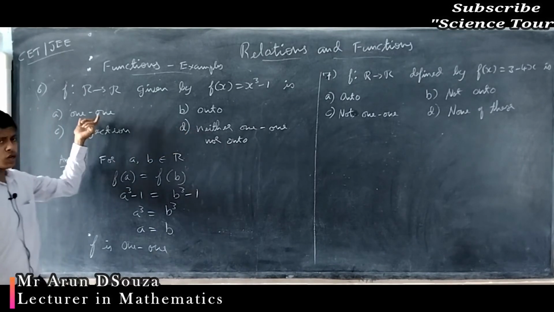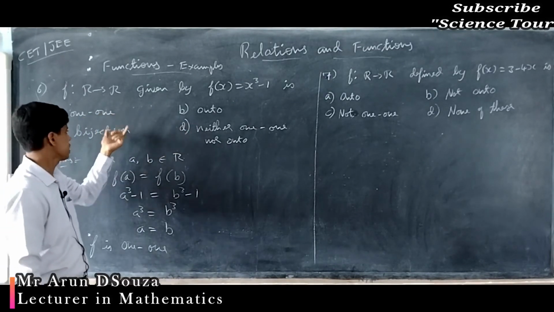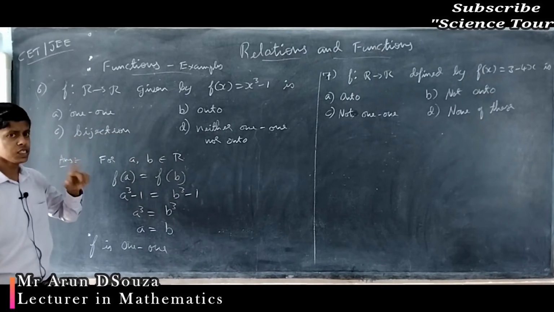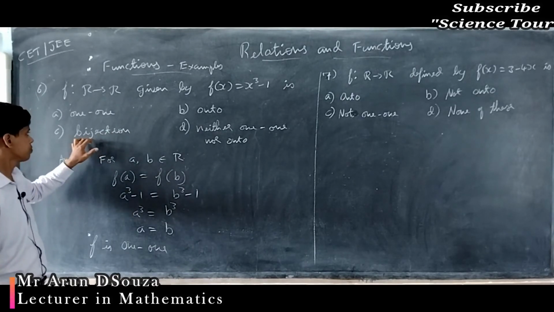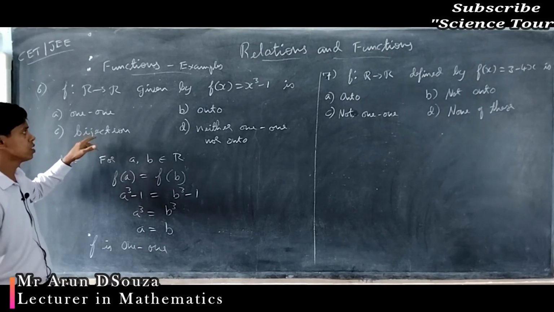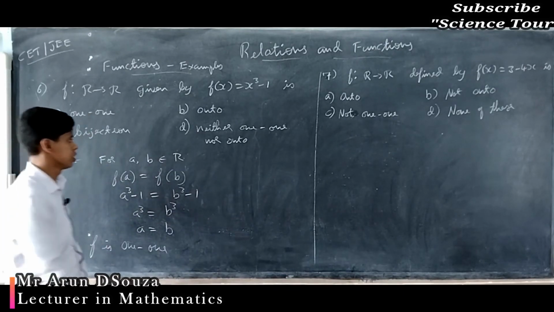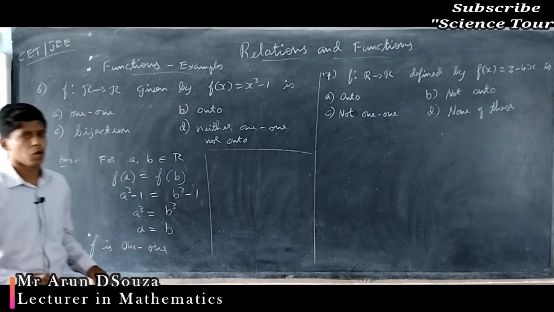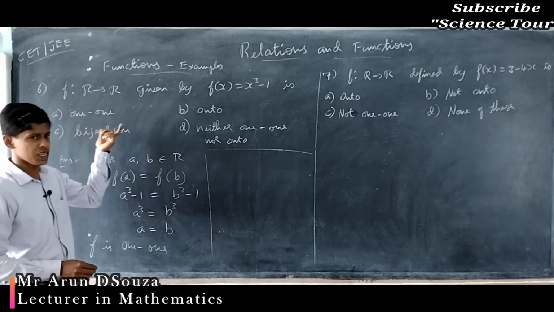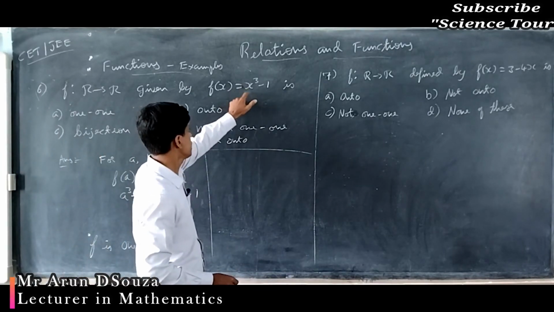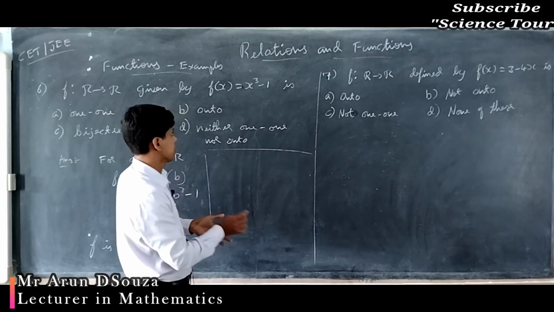Now since it is 1-1, we have to check whether it is onto or not. So if it is onto, then it will be bijection, right? So otherwise you can go for the first option. Now let us check the onto property here. So do you think it is bijection? Now understand, you take any real number.